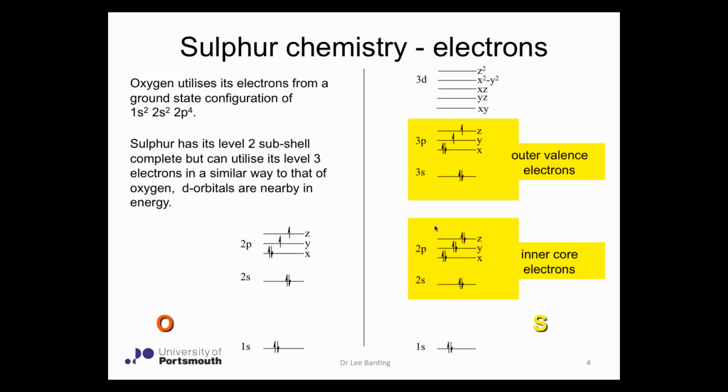These are outer valency electrons, and they mimic the structure for oxygen, but at level 3, and that's why sulfur behaves comparably to oxygen in some of its covalency. However, it does have, within very small striking distance, a set of d orbitals that are going to influence sulfur's chemistry and make it slightly unusual for that group.